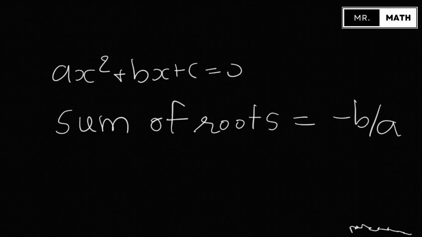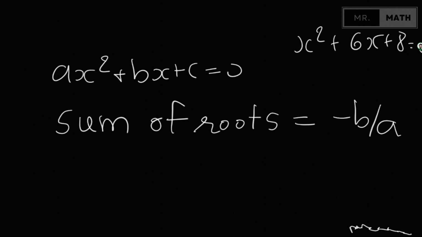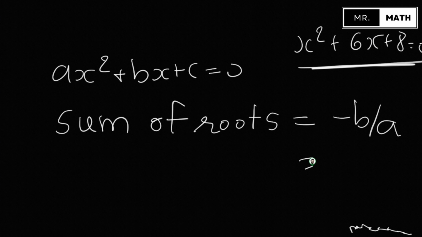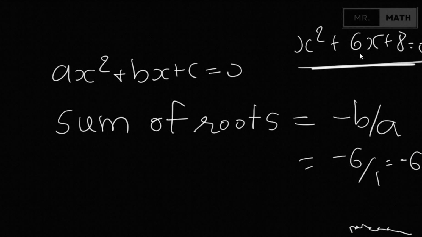Just tell minus b by a. What is minus b by a? So for example, we'll take this x square plus 6x plus 8. Right? This is the equation. What is minus b by a here? Minus 6 by 1, which is minus 6. Sum of the roots of this equation is minus 6.